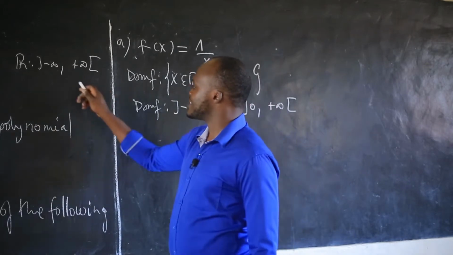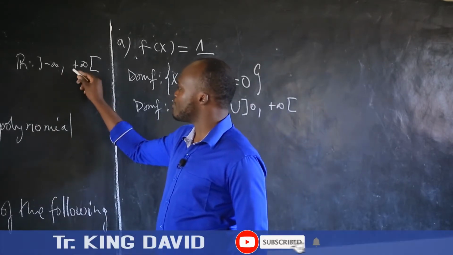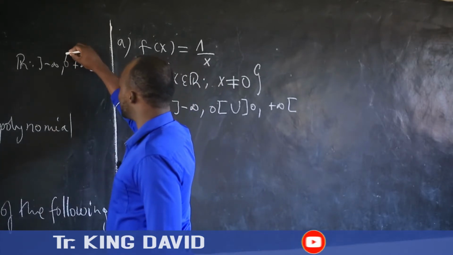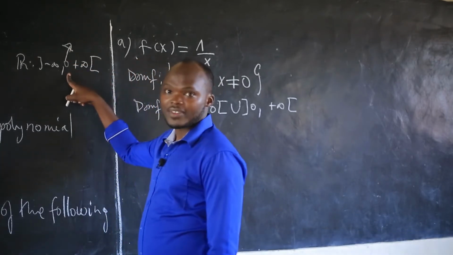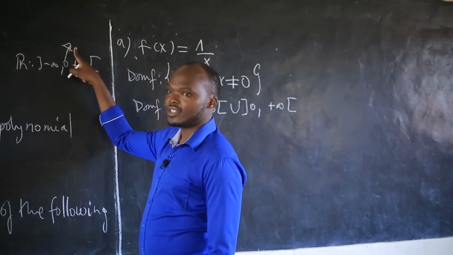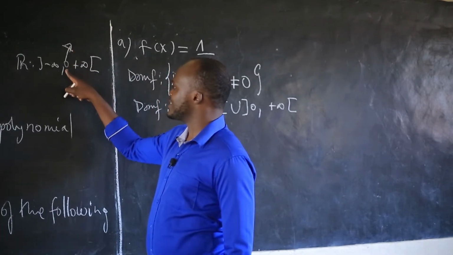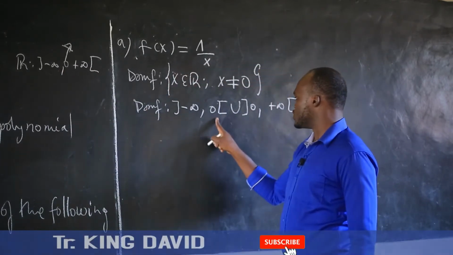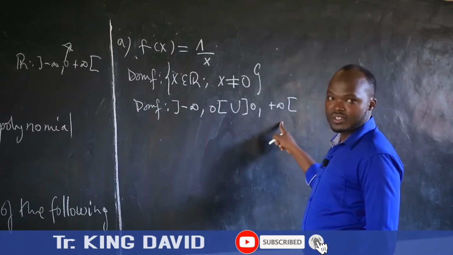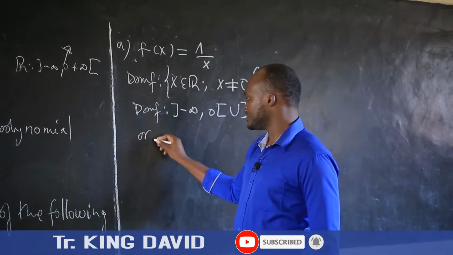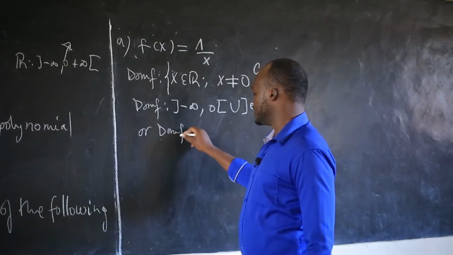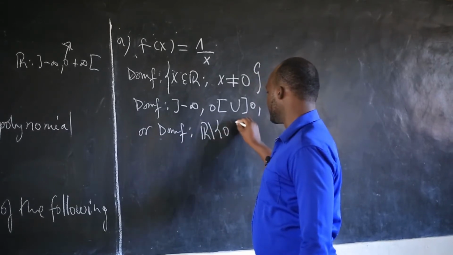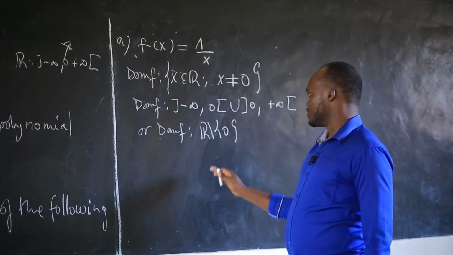So 0 is removed from this set, which means it is excluded. That's why I'm saying from negative infinity to 0, union from 0 to positive infinity, or we say dom f is the real numbers except 0. You can also write it like that.